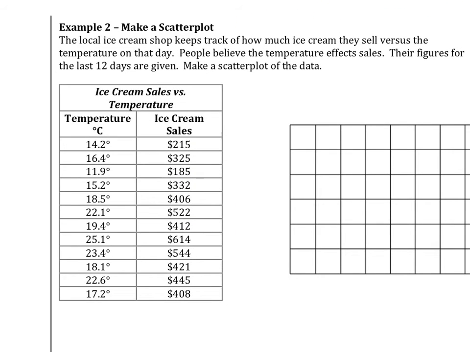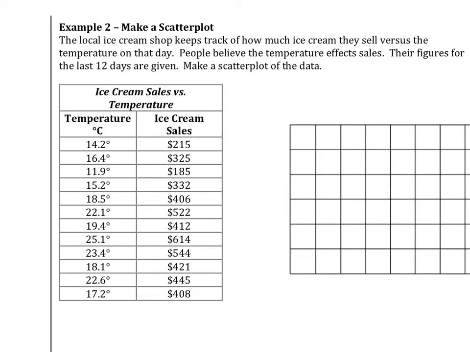All right, example 2 says, the local ice cream shop keeps track of how much ice cream they sell versus the temperature on that day. People believe the temperature affects sales. The figures for the last 12 days are given. Make a scatter plot of the data. So it gives the temperature and the ice cream sales. Which one is our x and which is our y?